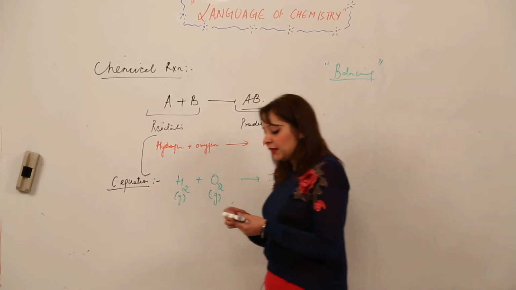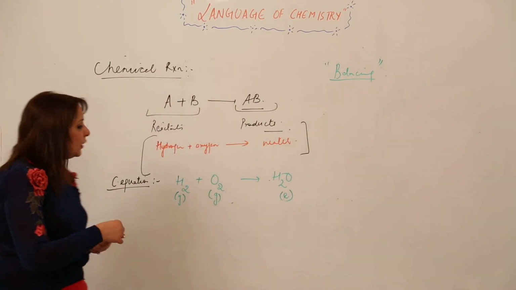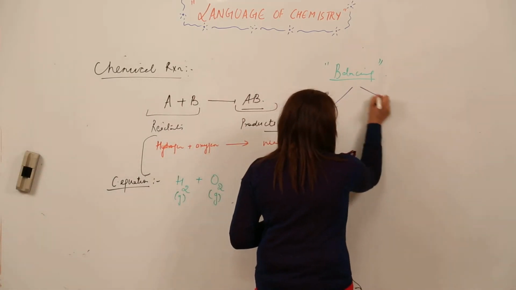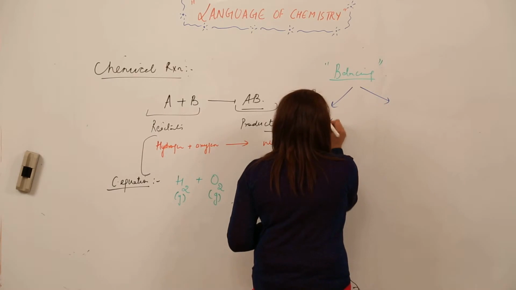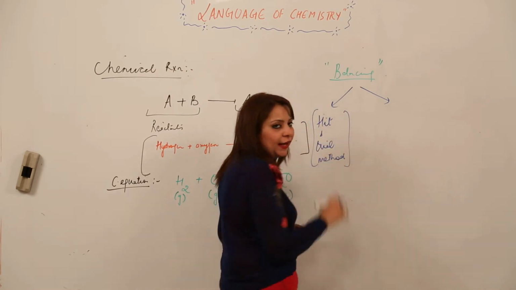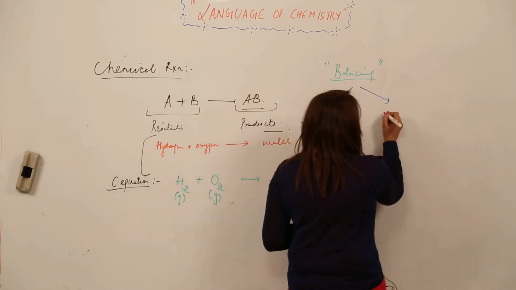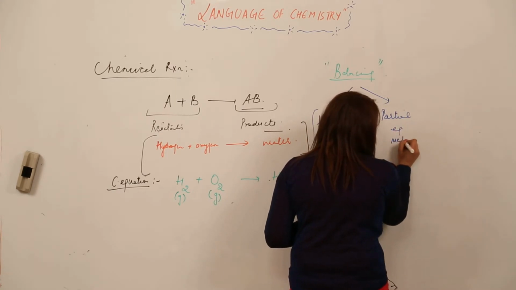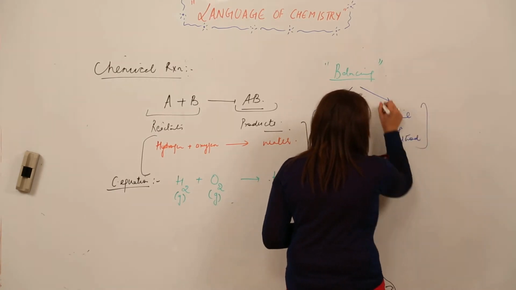For balancing we have two different methods. One is the hit and trial method, which is the common way to balance the reaction, right? And the other is the partial equation method. We will be taking up these methods one by one.